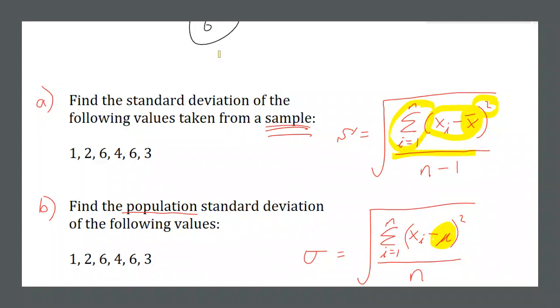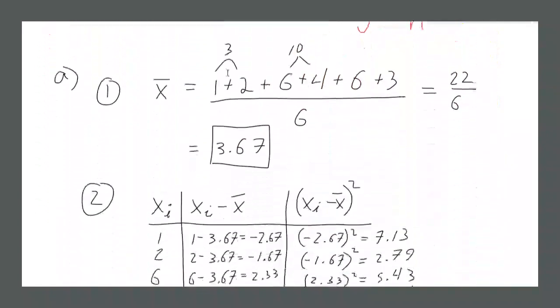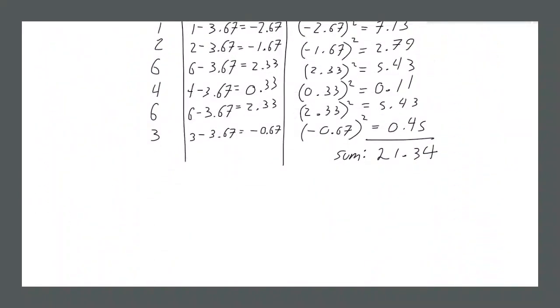That's the sum. So the only thing we have left to do with that sum is divide it by n minus 1 and then take the square root of the result.